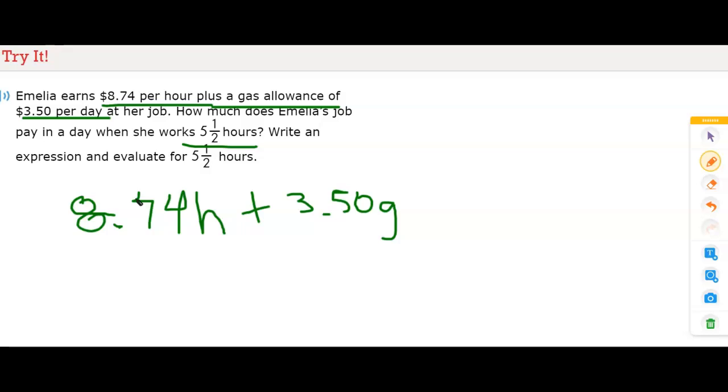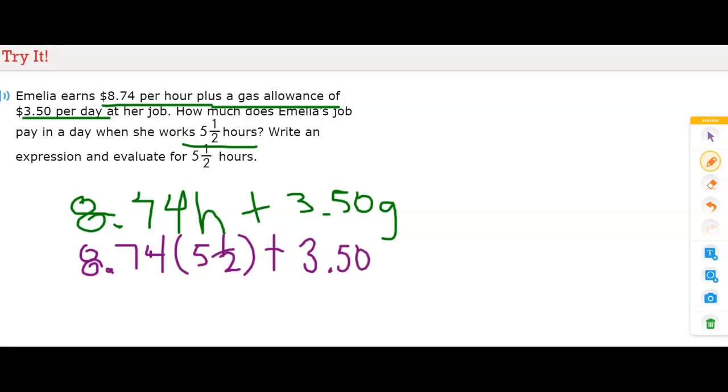So now we have an expression. We need to solve for the time of 5.5 hours. So we use a different color. We are going to substitute the hours with the 5.5 they gave us. So we have $8.74 times the 5.5 hours plus $3.50 per day for the gas.